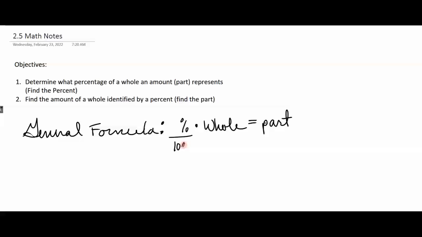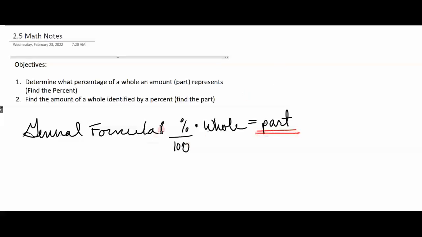Doing it this way, instead of converting a percent to a decimal, we can just put 5 over 100 or 10 over 100. 10% is 10 over 100, or 0.10 as our decimal. So that's our form for finding the part. This is solved for part.